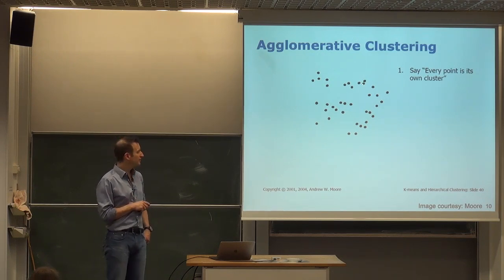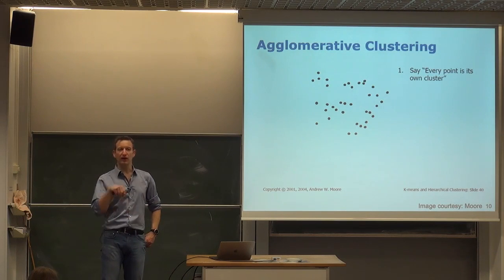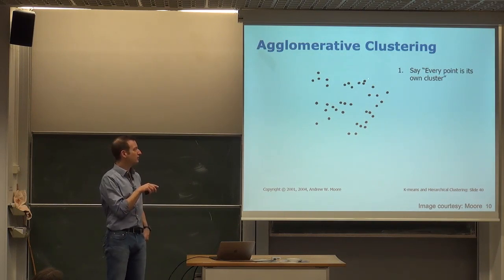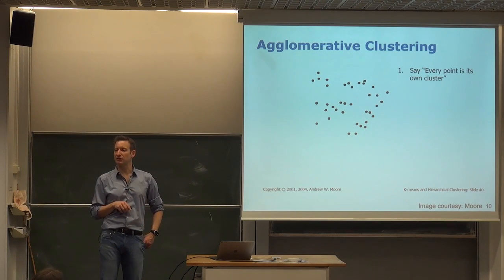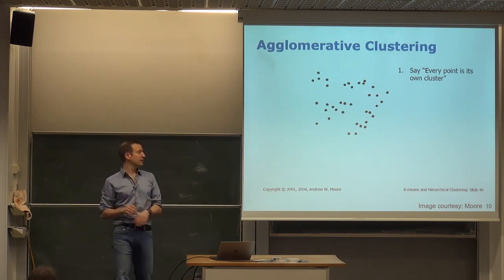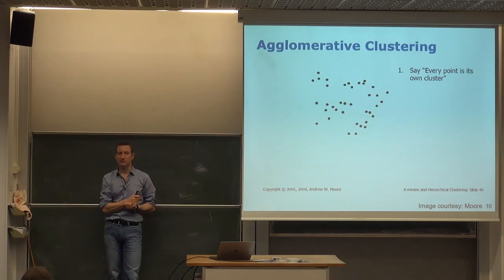That means I'm taking out these 2 points and representing them with one new point, at least from the conceptual point of view, and adding one data point representing those 2 data points back to the data set. And then I repeat the process. Which are the next 2 closest ones? And so on and so forth. In the end, if I take it to the extreme, I can merge everything up to one cluster, which would represent the whole data set.